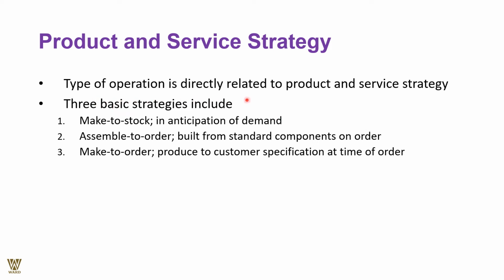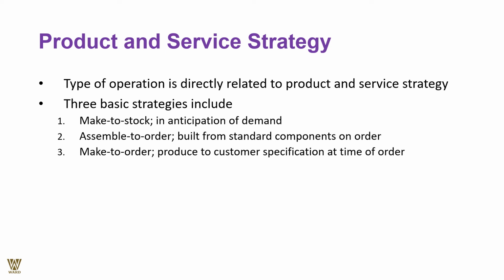Similarly, for types of operations directly related to the product and the service strategy that we are looking into, I have given you the three basic strategies: make to stock, assemble to order, and make to order. In make to stock, we are already anticipating a demand, or there is a fairly reliable trend that we can always expect to achieve.